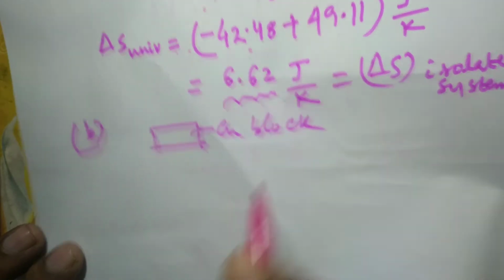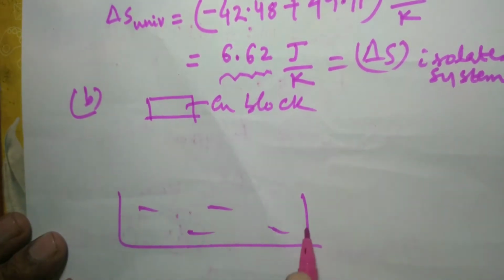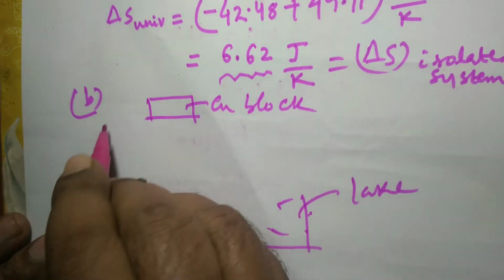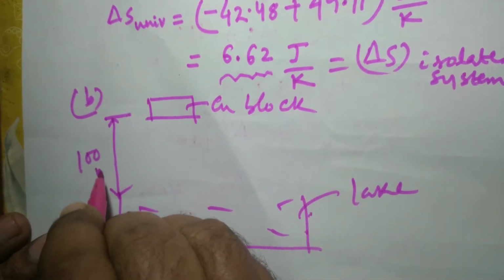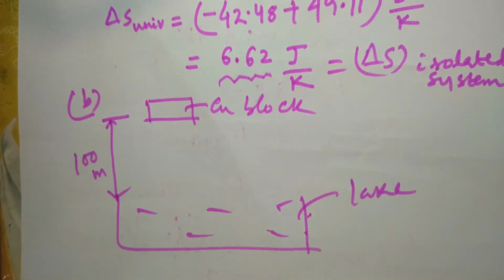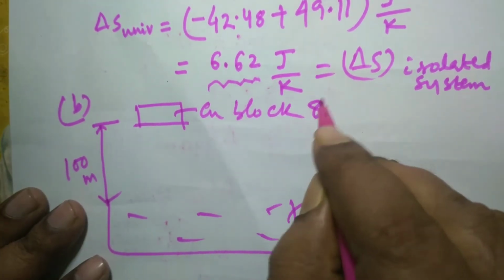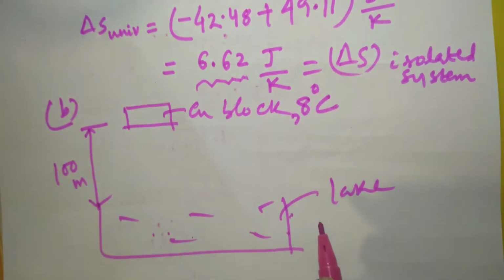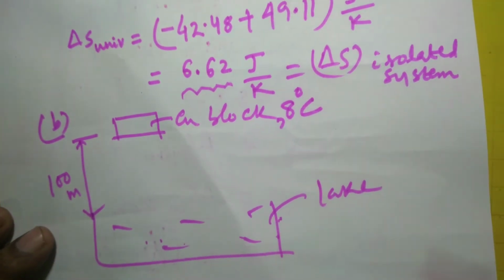Initially the temperature of the copper block is 8 degrees Celsius, and the temperature of the lake is also 8 degrees Celsius. So what would be the entropy change of the universe?